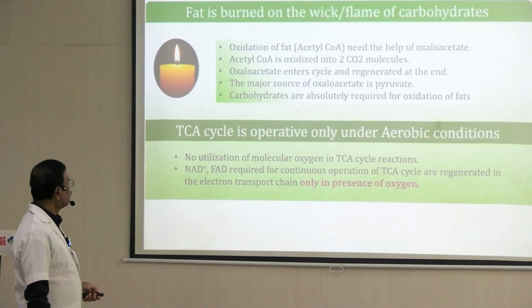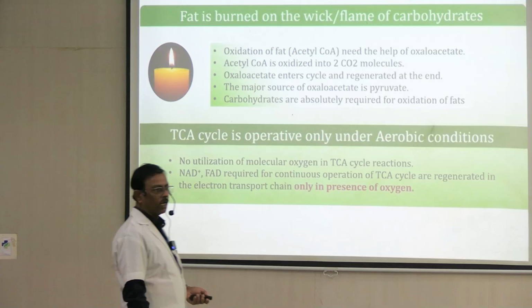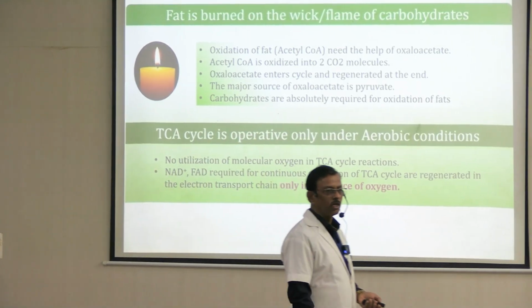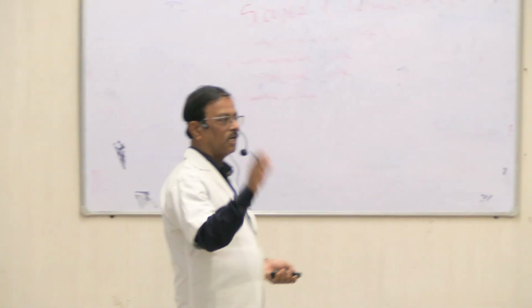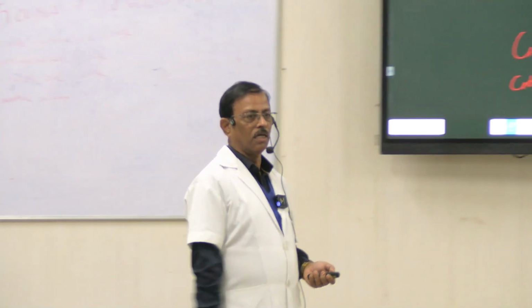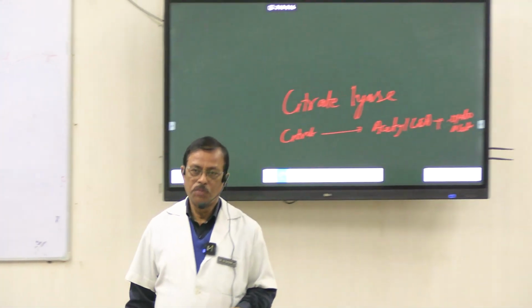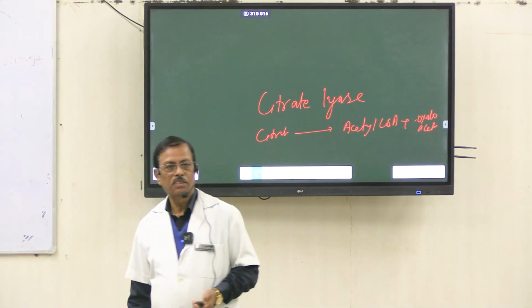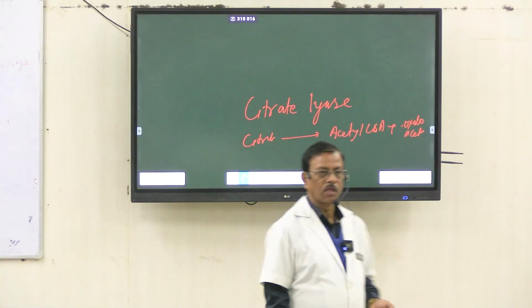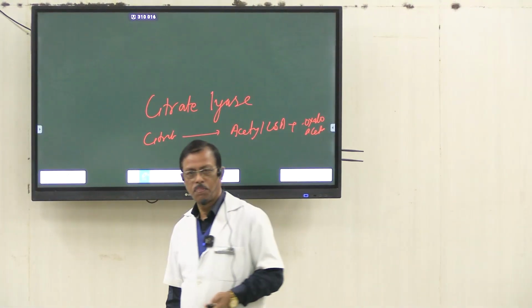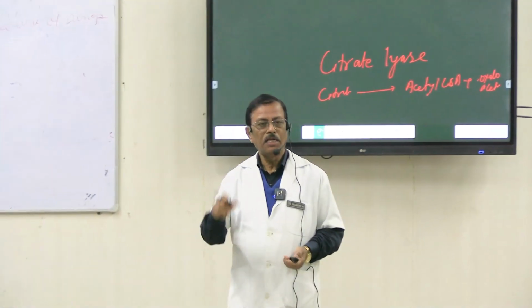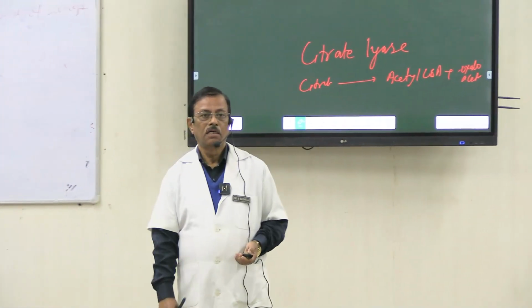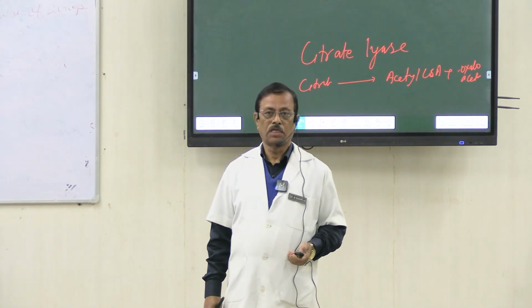TCA cycle is operative only under aerobic conditions. Have you seen anywhere oxygen is required? No. Nowhere in the cycle do we utilize oxygen. But to operate, it needs NAD and FAD. These NAD and FAD need to be oxidized in the electron transport chain.